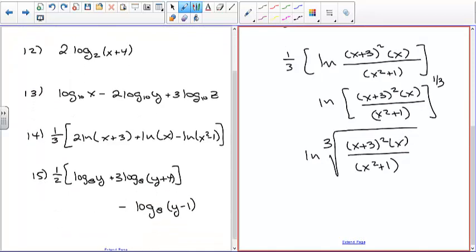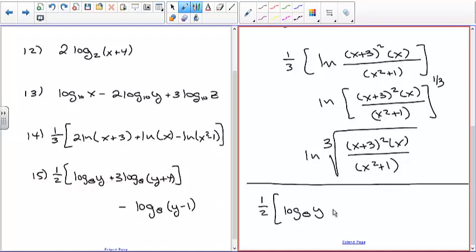Okay, same kind of deal here for this last one. We're going to take any coefficients in front of the logarithms and move them inside first and make them the exponent. So we have log base 8. Well, the coefficient's 1, so nothing happens to this one. The second one, we have this coefficient multiplier times 3.